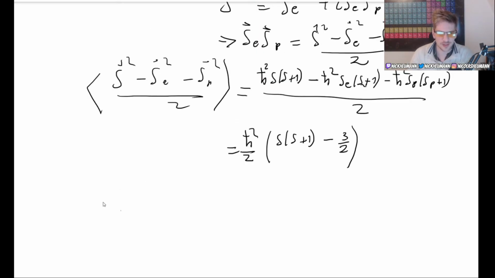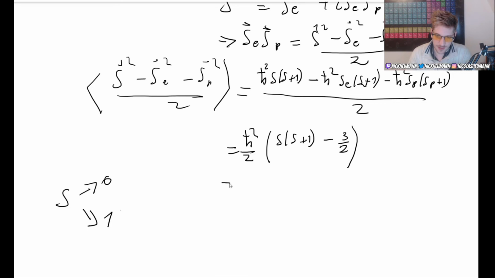So what is the total spin? If the spin of the electron and proton are parallel, it's going to be 1/2 plus 1/2, which is 1. And if they are anti-parallel, they're going to subtract, and it's going to be 0. So S can be either 0 or 1.